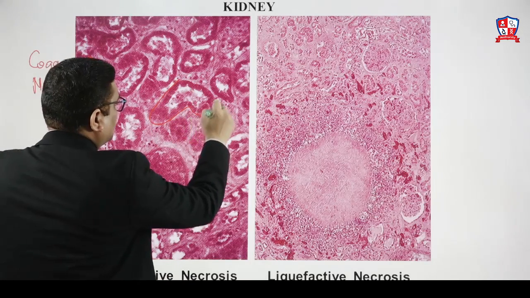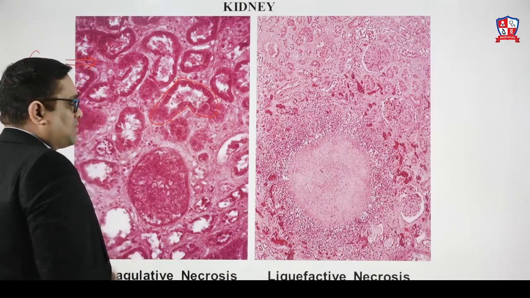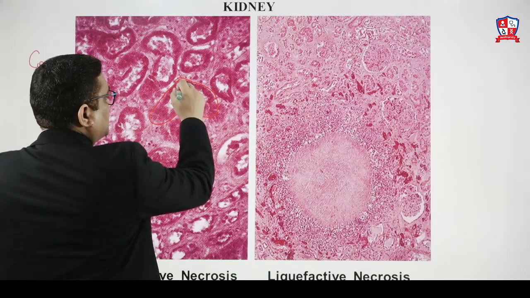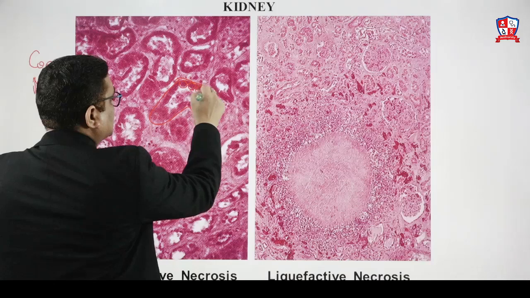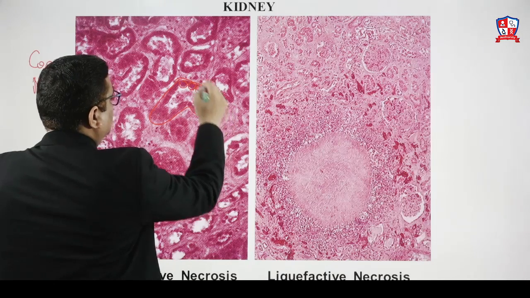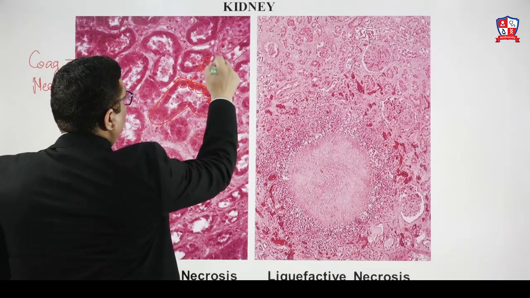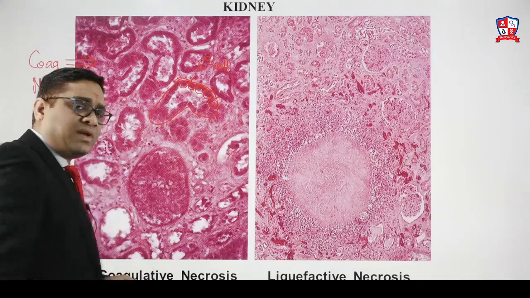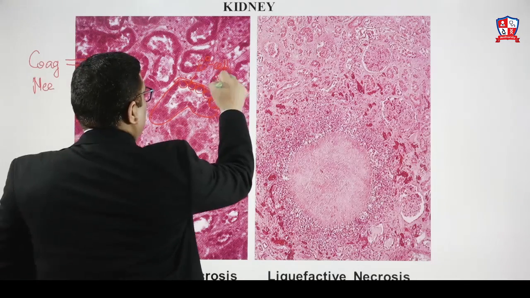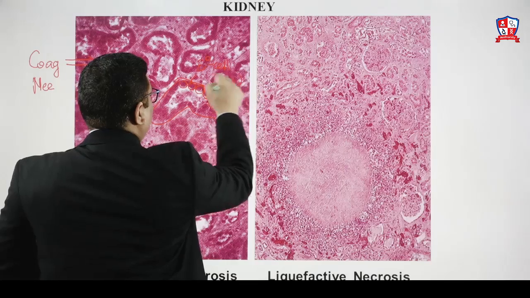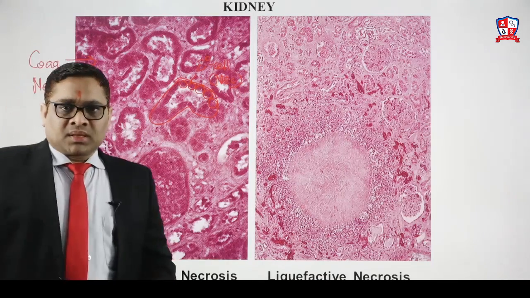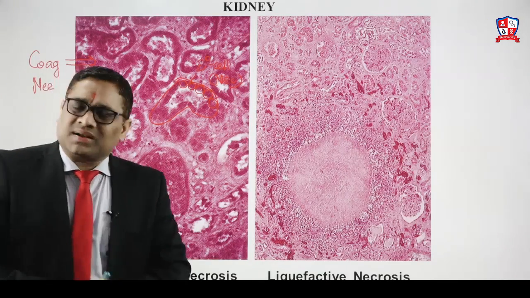You can see the tubules are visible here, but what we are seeing are just eosinophilic cells. Remember what I am writing: these are just eosinophilic cells, and these eosinophilic cells are necrotic. How do I say that it is necrosis?